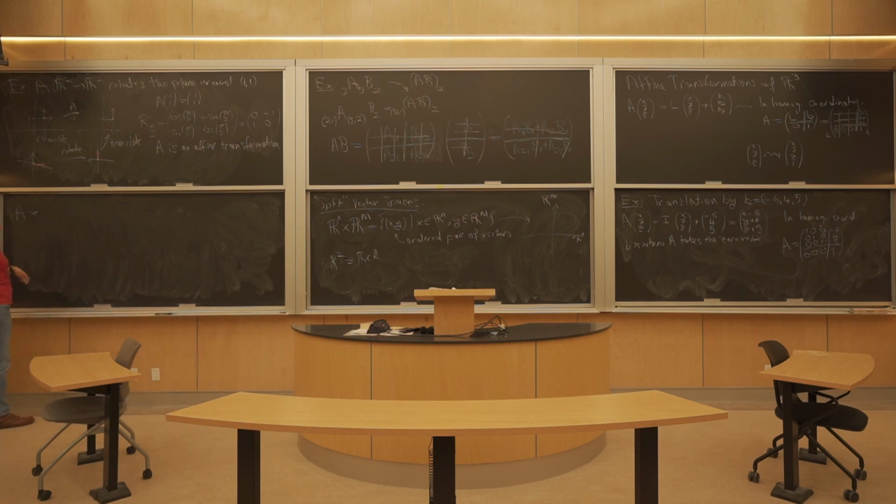I know that it's a product of 3 transformations. They are transformations of the plane, which means that in homogeneous coordinates, they are 3 by 3. So I have 3 matrices like this. This corresponds to the first translation, this corresponds to the rotation, and this corresponds to the second translation.